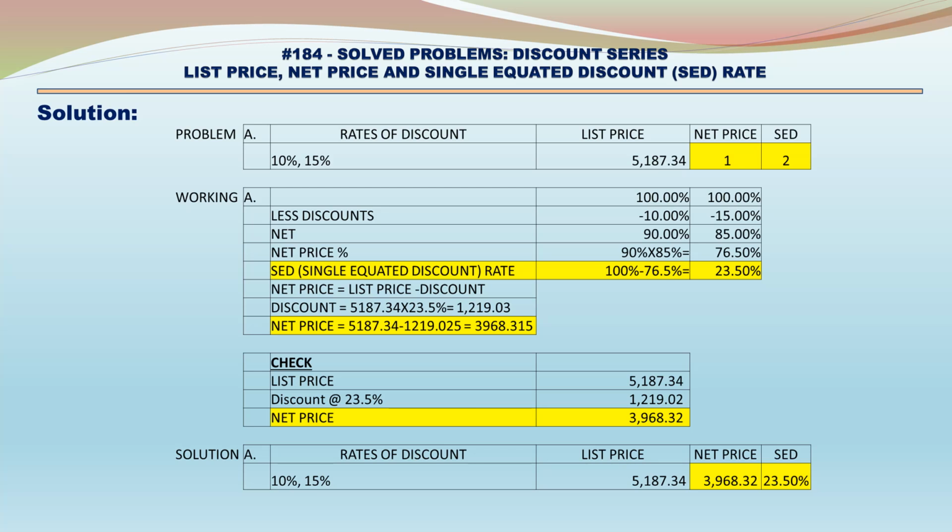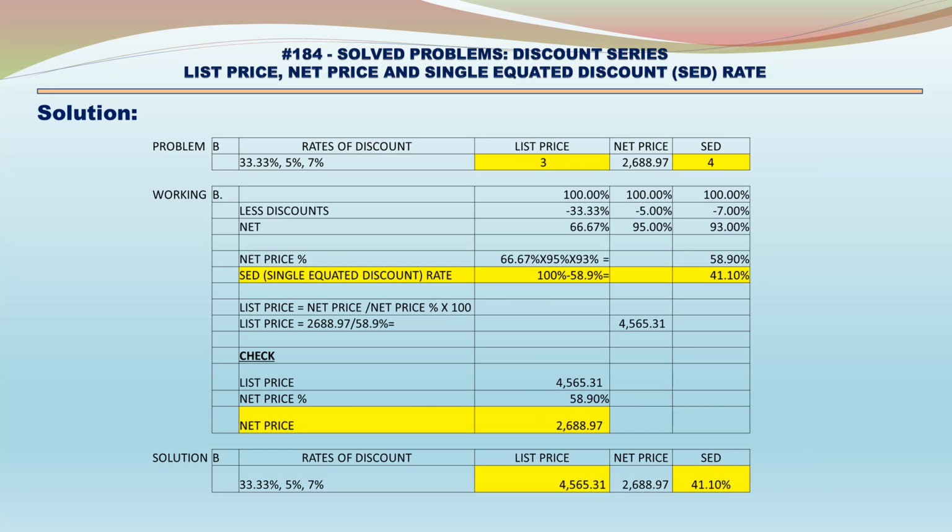Check. List price 5187.34. Discount 23.5%, 1219.02. Net price 3968.32. Solution. List price 5187.34. Net price 3968.32. SED 23.5%.